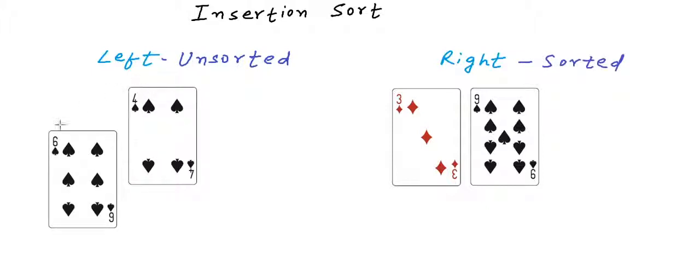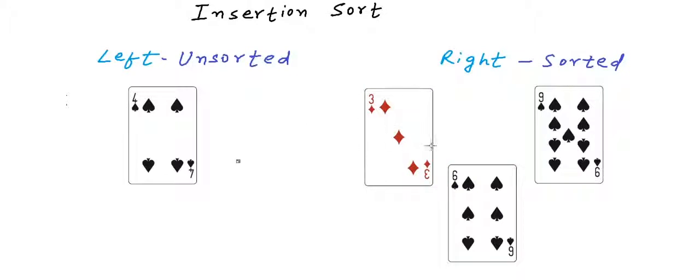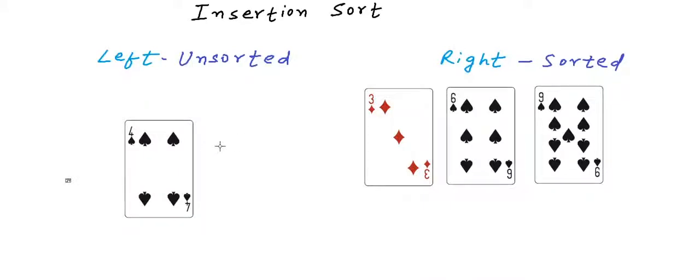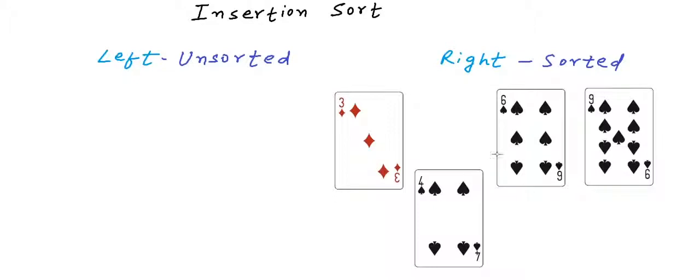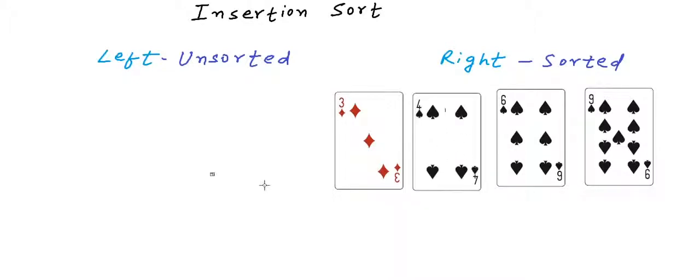Now the next card that we will pick is 6. Now when we take 6 to the right hand, it will have to be inserted between 3 and 9. And now the last card that we will pick will be 4, and 4 will have to be inserted between 3 and 6 in the right hand. And finally we will have a sorted arrangement in the right hand.